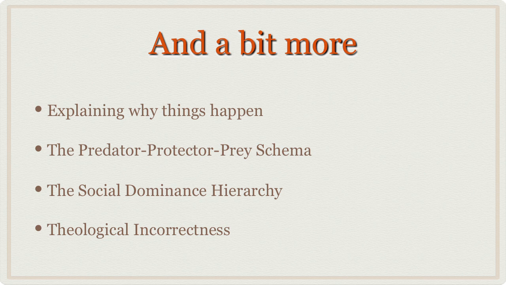And one of the tools that I associate with Scott Atran is this idea that you can bring a certain social schema, probably one that we've had for a long time, and bring it to bear on the events in one's world and gain a lot of explanatory purchase, namely this predator, protector, prey schema, where the gods seem to be a decent fit in either the protector or the predator slot, right?